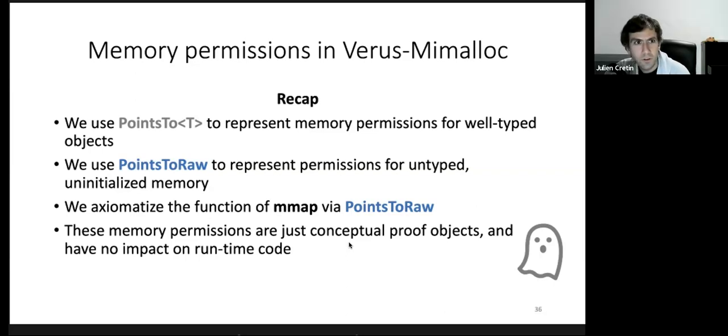Just to be sure I understand about these points to raw and points to, in the example you showed, there were precise values. Are those supposed to be symbolic values, or what does Verus do? Because what if, for example, you do two mmaps and they happen to be next to each other? Can you fuse or merge those two points to raw together? Because how do you know that they would actually be contiguous?